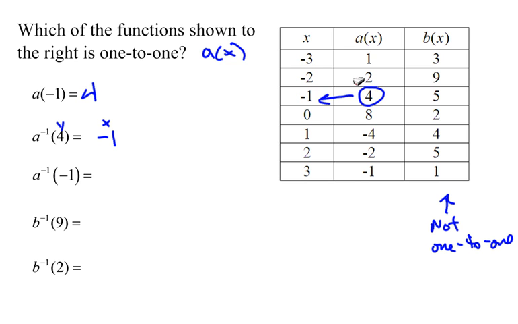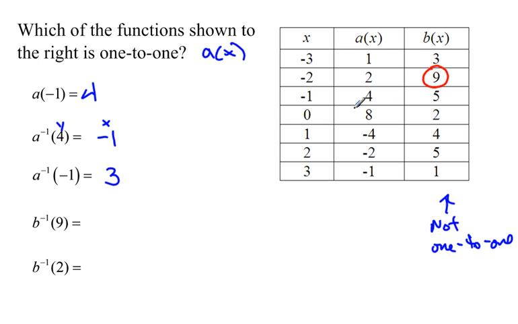Let's try another one. So in the next one, we have a inverse of -1. So we go in the a column, we find -1, and it's going to be 3. For the next one, we've got b inverse of 9. Now, even though this isn't one-to-one, the 9 only shows up once.